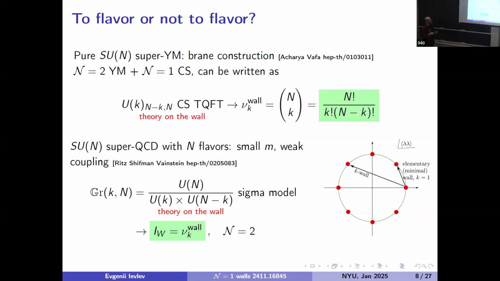But there can be no junctions between different ground states with the same TQFT.